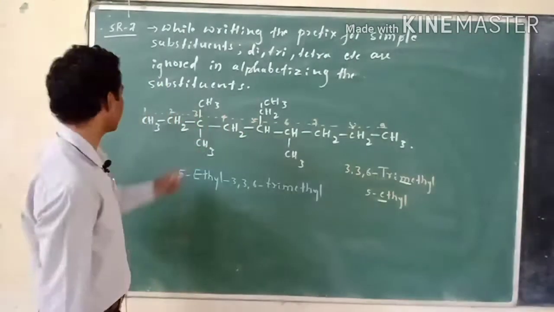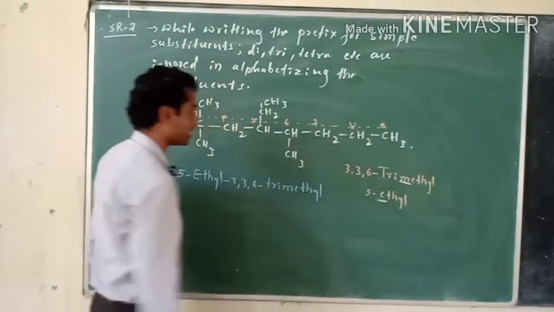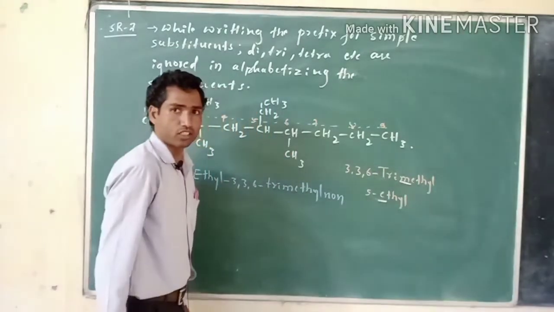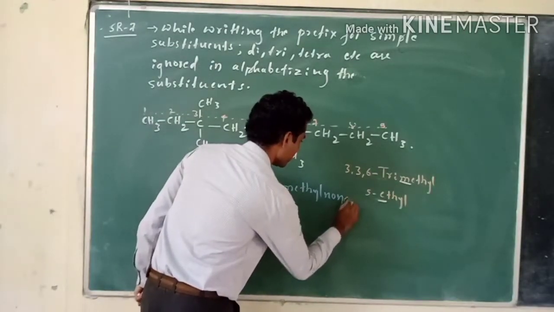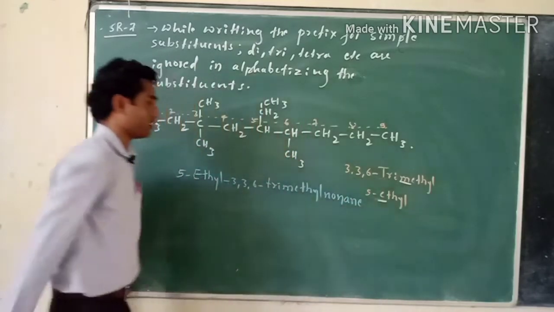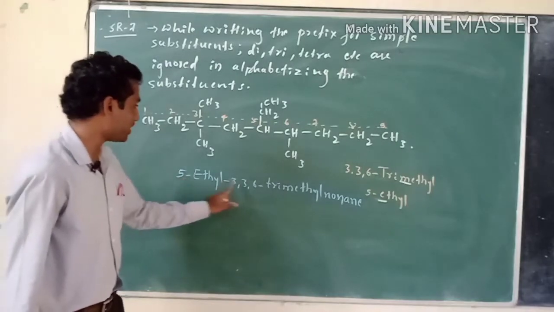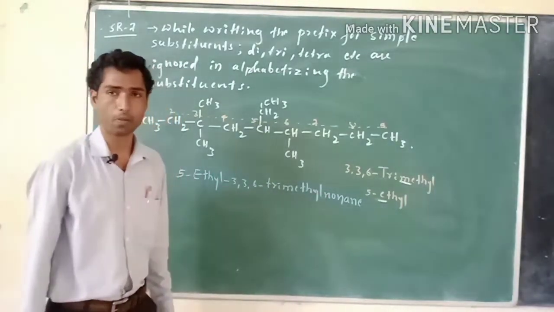The root word: there are 9 carbons in this longest carbon chain, therefore non. There are only carbon to carbon single bonds in the longest carbon chain, therefore ANE is the primary suffix. So 5-ethyl-3,3,6-trimethylnonane is the name of this molecule.